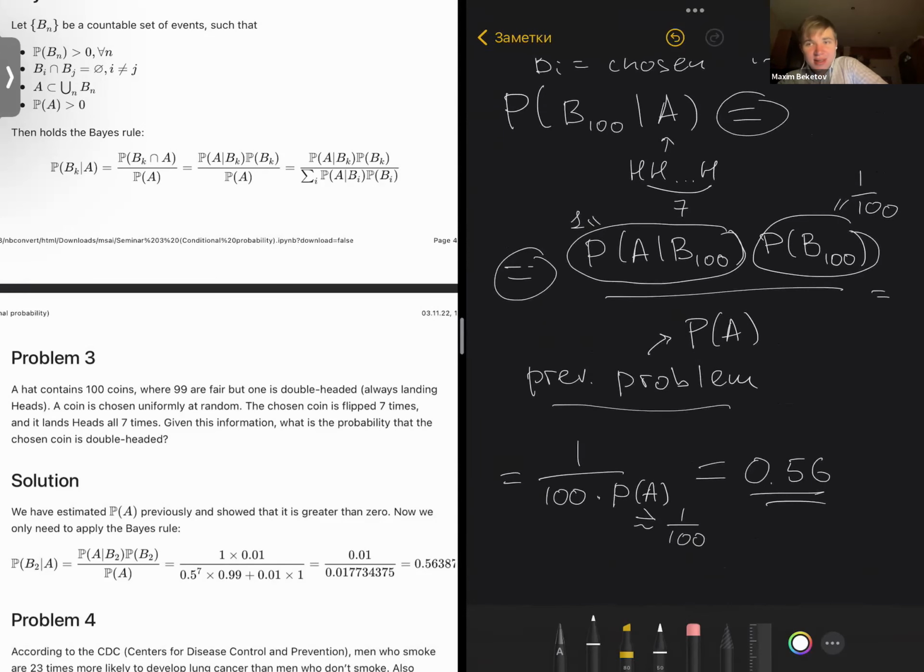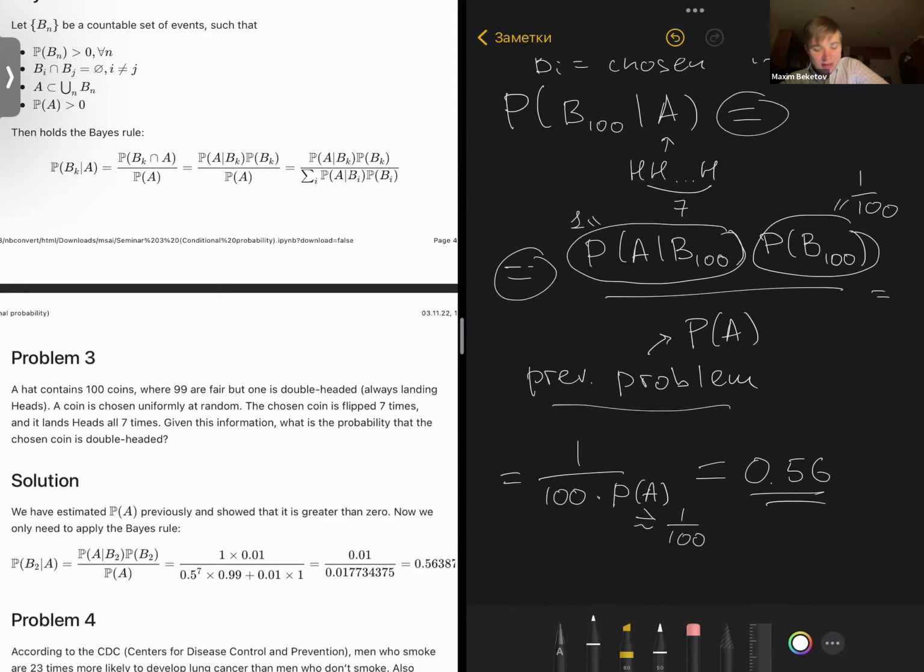Seeing 7 heads is enough evidence to say that with probability 0.56 it was that last coin that gave us 7 heads.